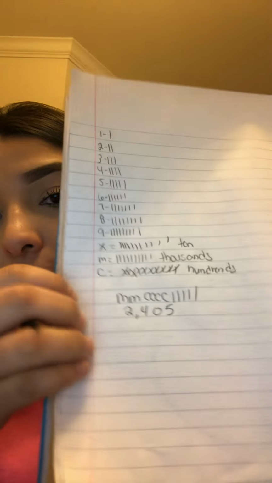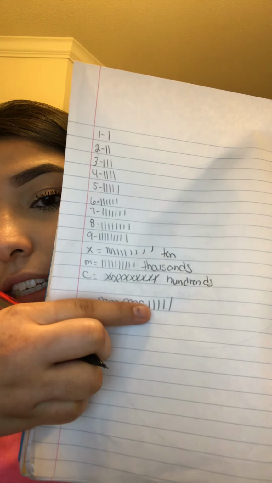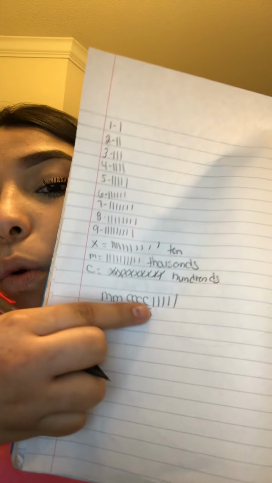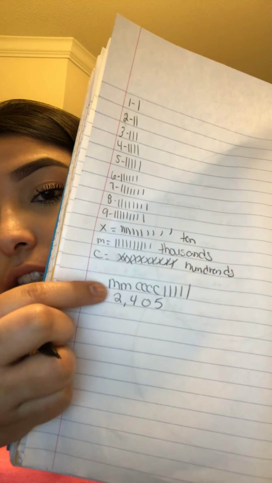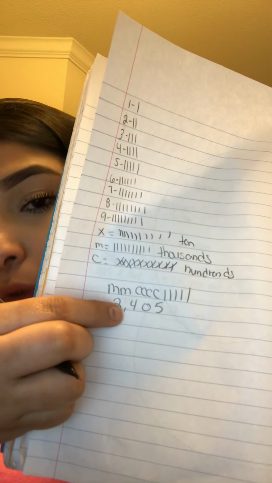You have 4 C's, so that would be 400. And you have 5 tally marks, 5 1's, so 405. So that's how it goes. That is basically an example of how it is.